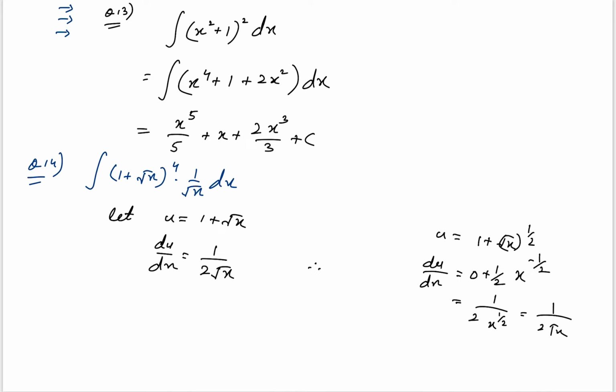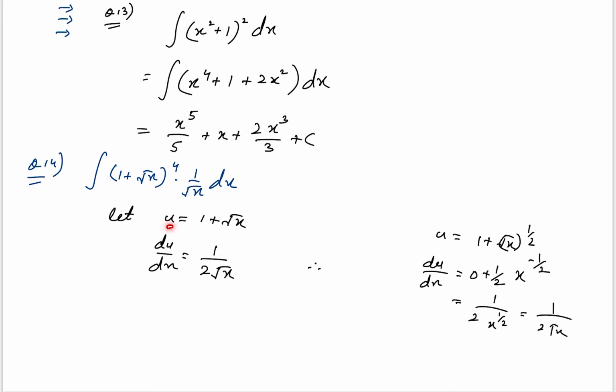So whenever you are solving a question and there is a power on the inside function, and you don't know the exact derivative of the inside function, what will you do? You will take the inside function as u, and you will try to replace the other part as du, right?